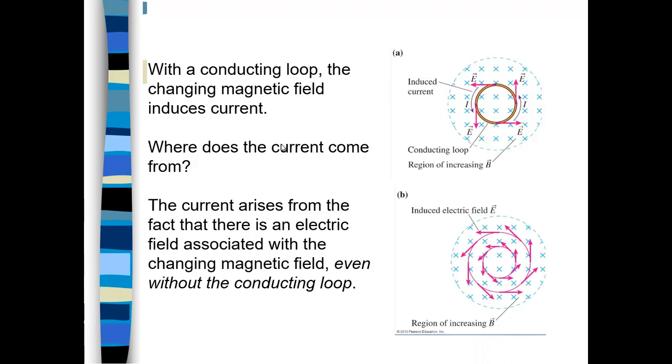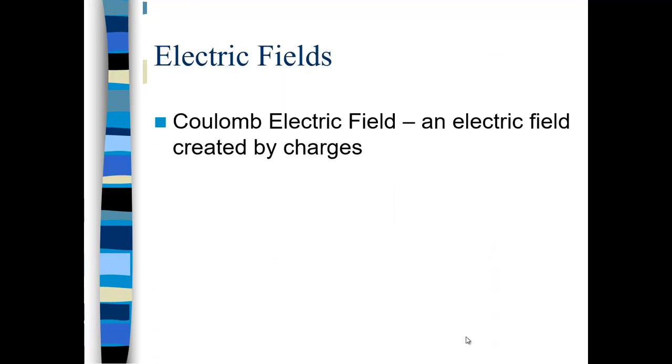If you have a region of increasing magnetic field going into the page, the induced electric field is going to oppose that and will turn counterclockwise. We've seen electric fields created just by point charges or different types of charges; that's called a Coulomb electric field.